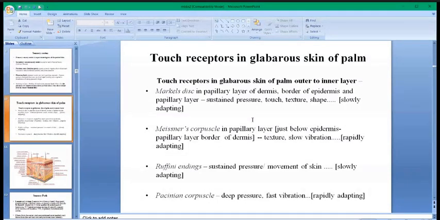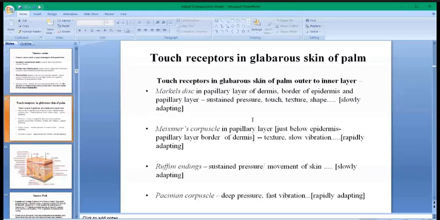So here there is another test for the sensory system. You have to tell the person to close his or her eyes and then give something which will not harm him or her in the palm, and without seeing, only by touching, the person will tell, okay, this is a pencil, this is a rubber, this is a coin. This is a matchbox. That is called stereognosis.